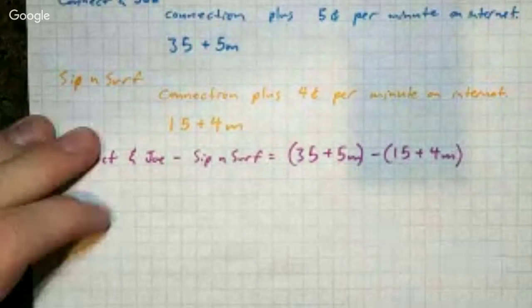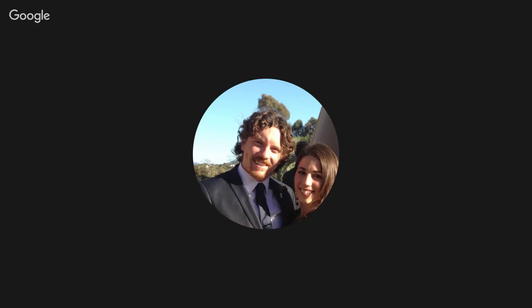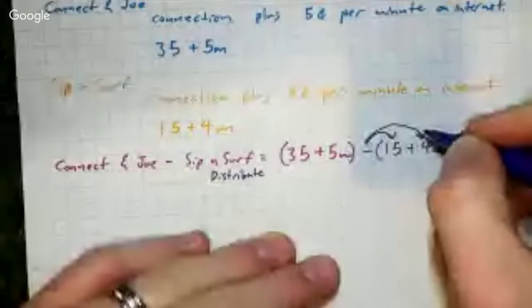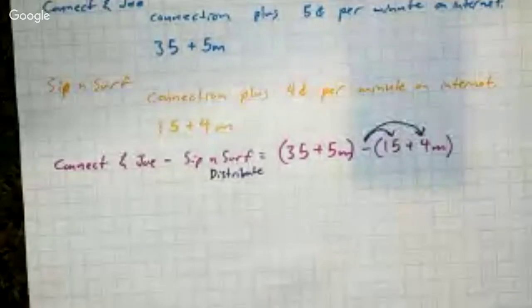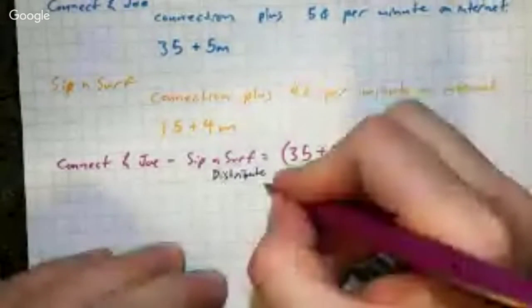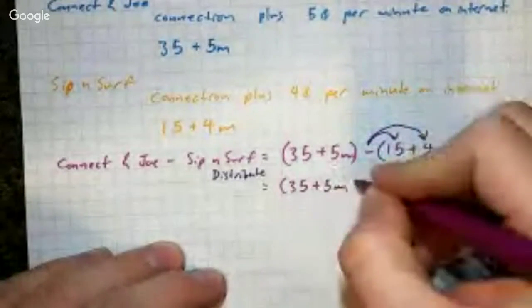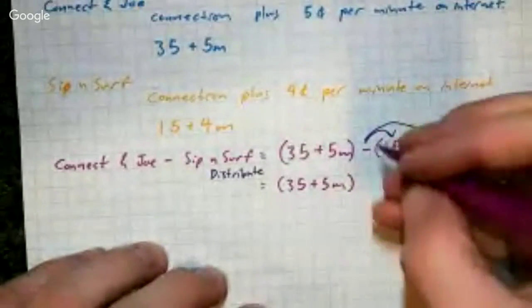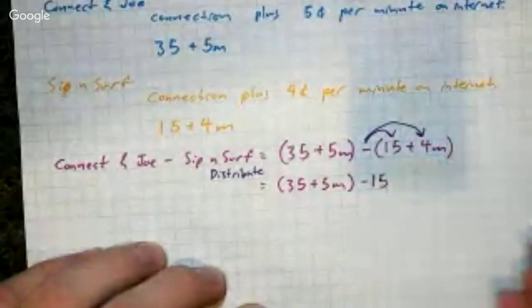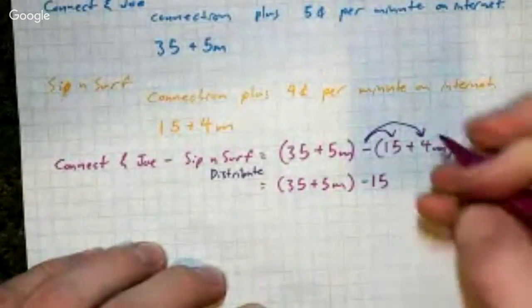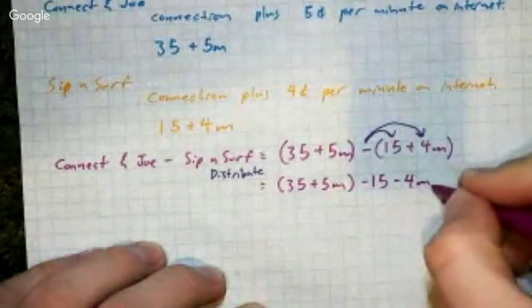We distribute the subtraction sign, meaning our new expression will be 35 plus 5M, then minus 15 minus 4M.